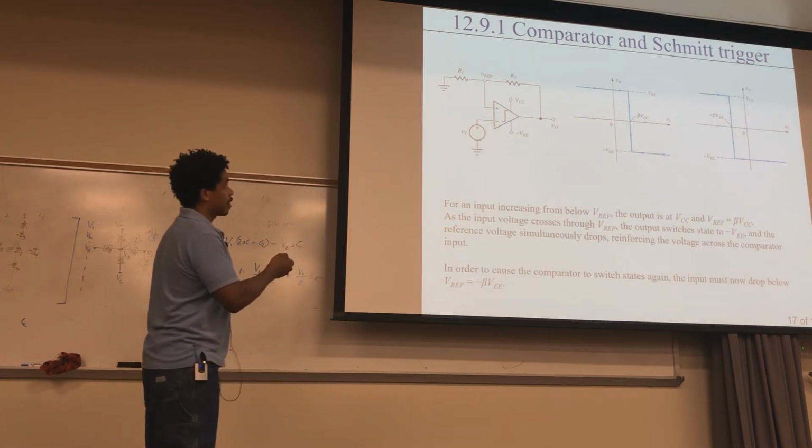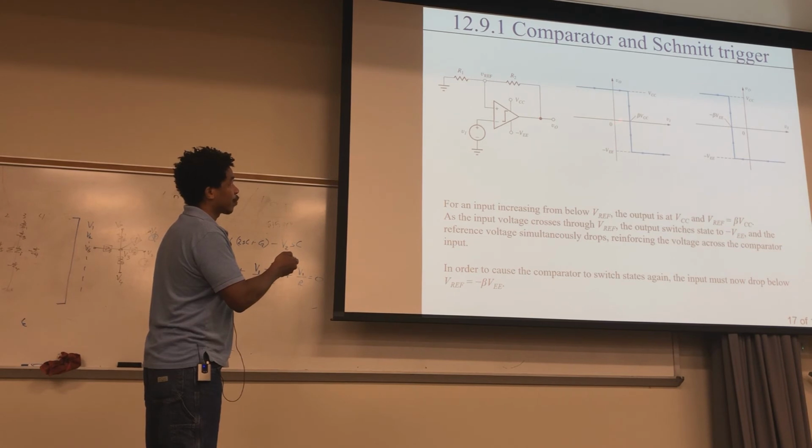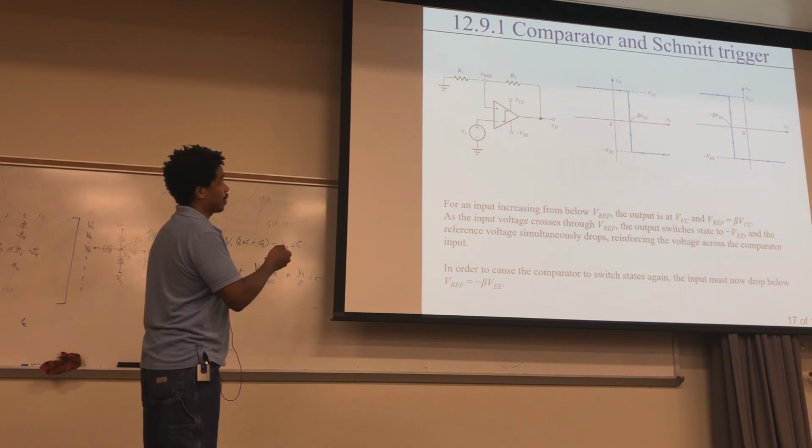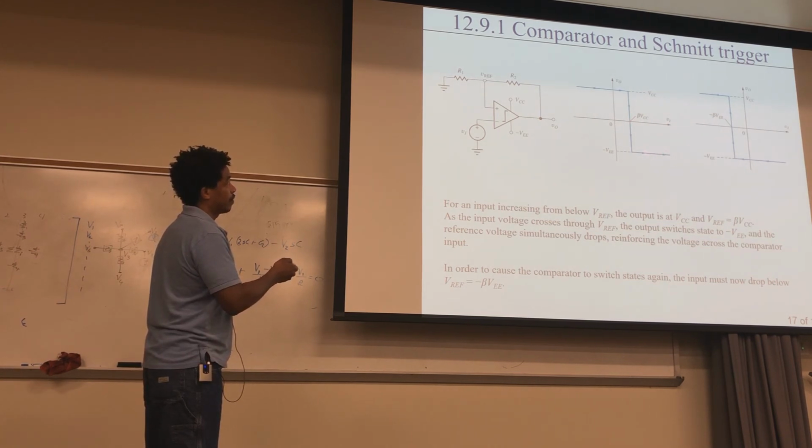Because if you're at this voltage for input, your output is still VCC. If you're over here at input, your output is still VCC. Your input has to increase all the way to beta VCC in order for it to finally switch to this state, VEE. And then any higher voltage will still saturate to right here.